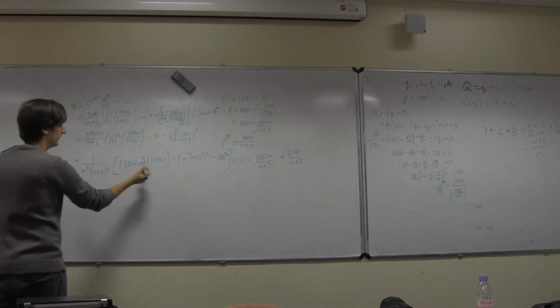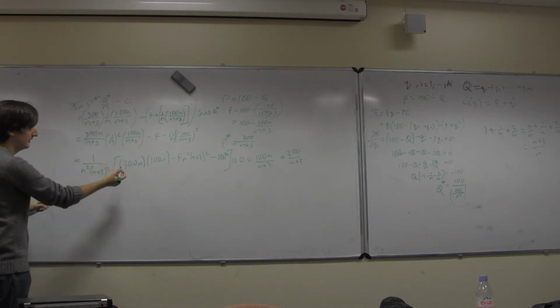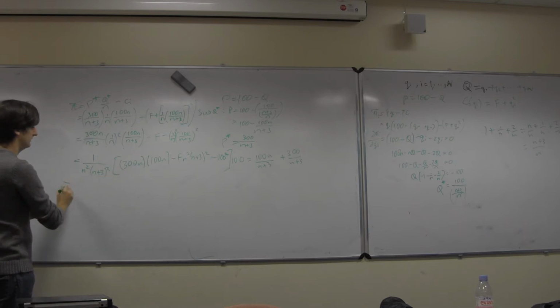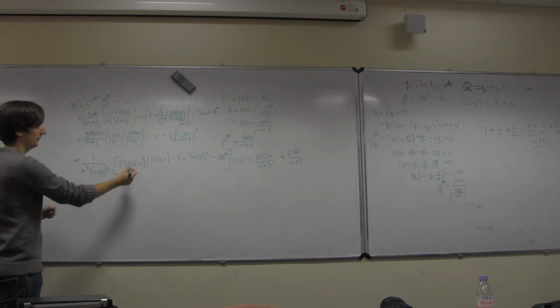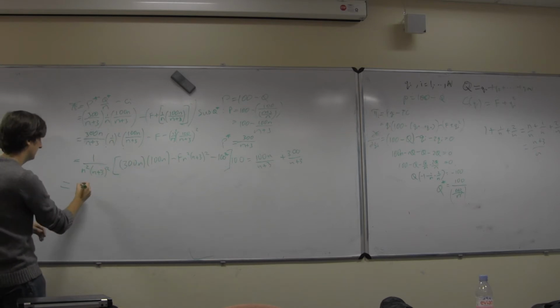We're going to have lots of zeros. Let's take 100 out. 100 squared. That's fine.